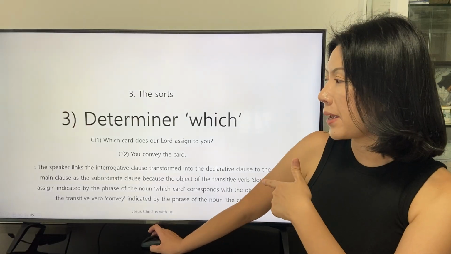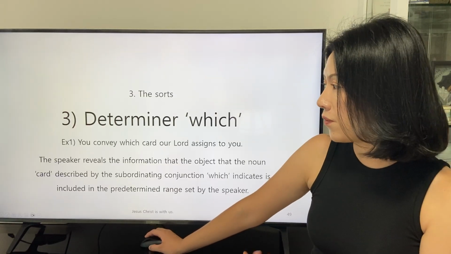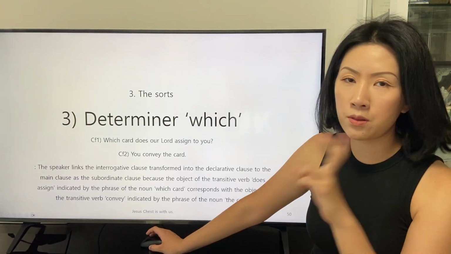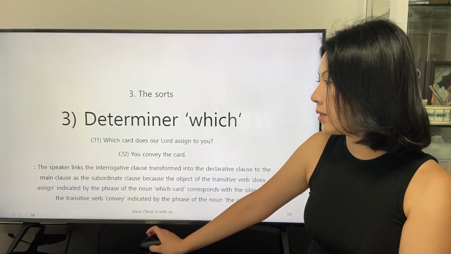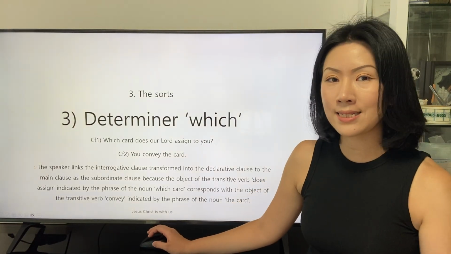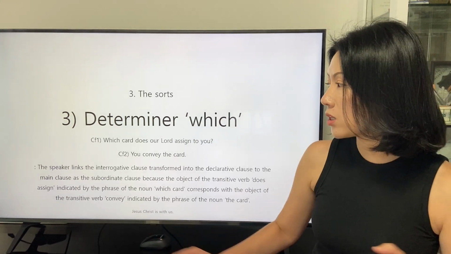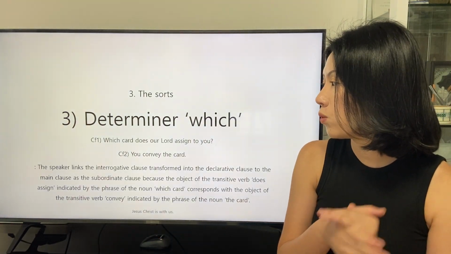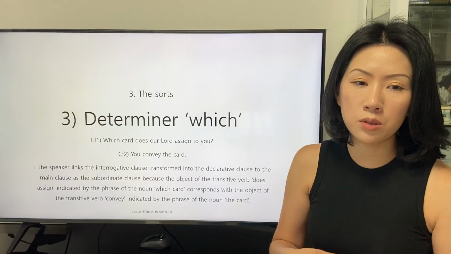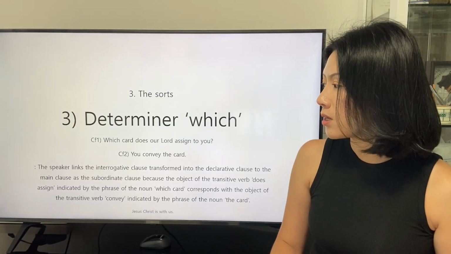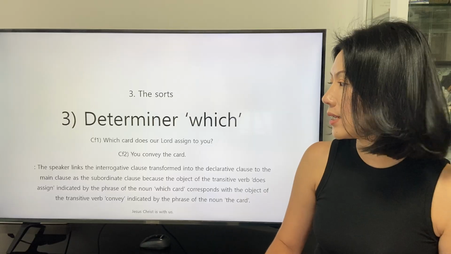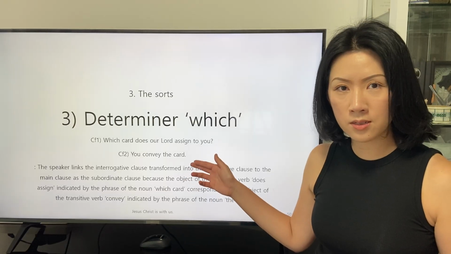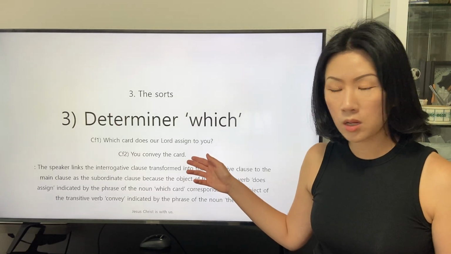And this is the page for analyzing the first example by the two clauses. The first one is that the determiner which is applied as the interrogative determiner. Which card does our Lord assign to you? And the second clause is this: you convey the card, and the second clause might become the main clause.